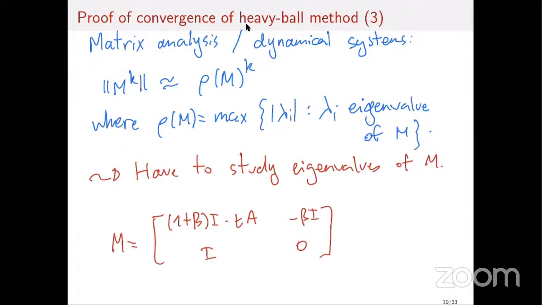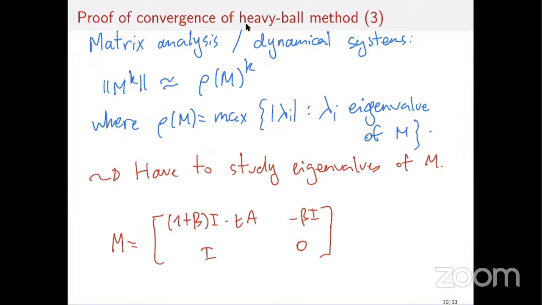Okay, so I'm going to make a simplifying assumption here, which is actually without loss of generality. I'm going to assume here that A is diagonal, just to make the analysis simpler. But in fact, this is without loss of generality, because you can diagonalize A, because A here is symmetric, so you can diagonalize it in an orthogonal basis.